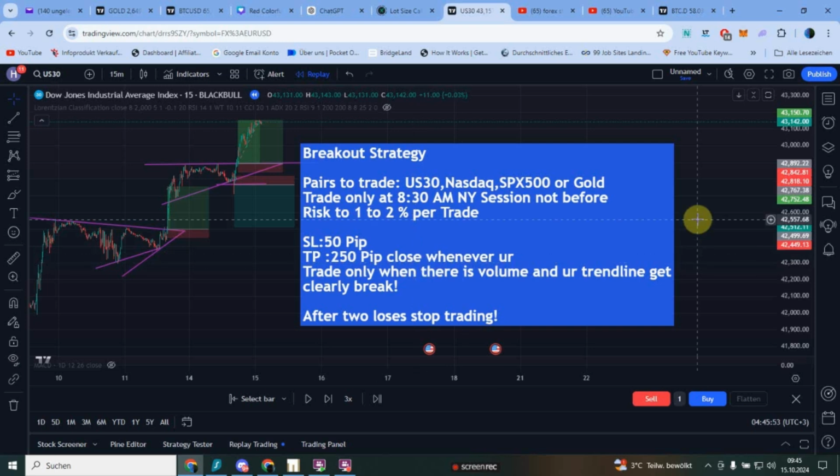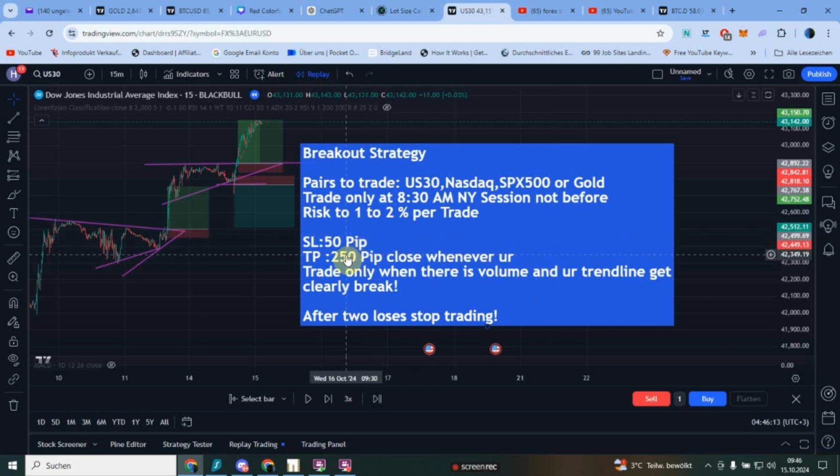As soon as you hit, for example, 100 pips, then you trail your stop loss to break even, to make sure that you don't lose this trade.